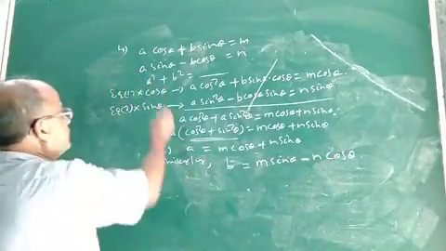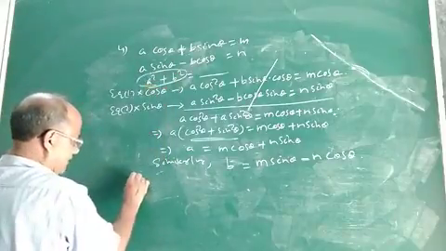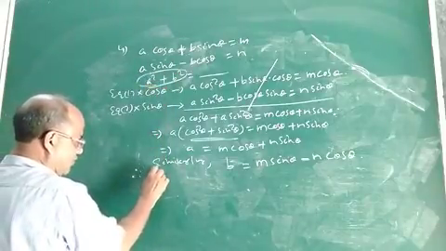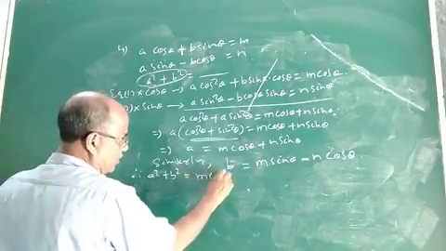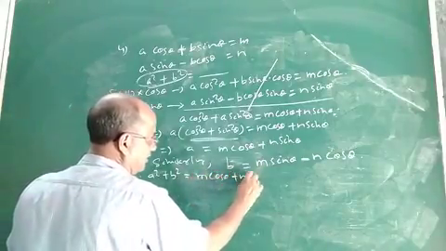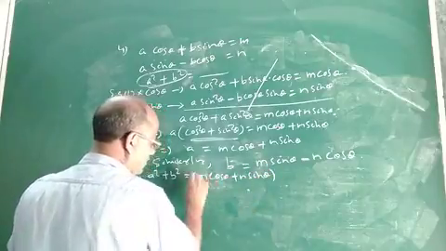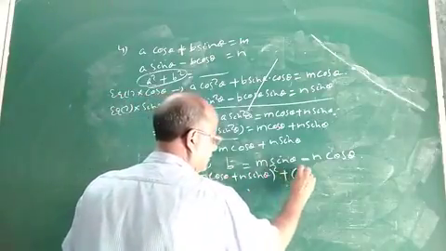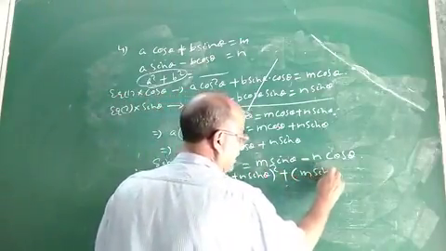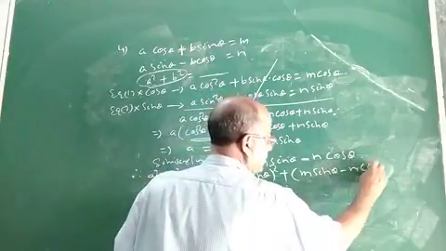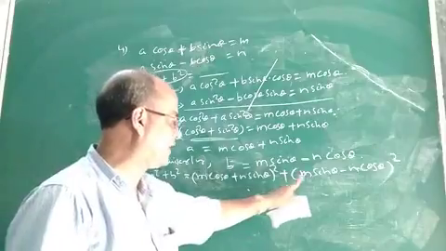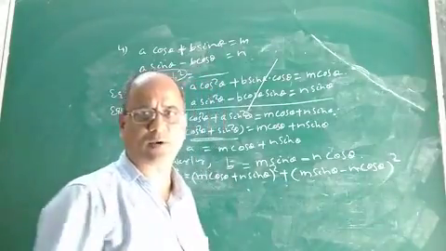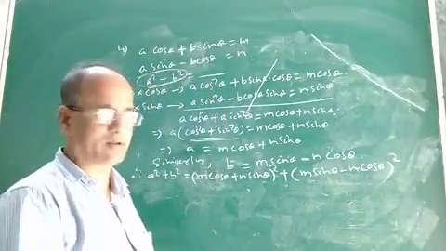Okay, now let us substitute in this expression. Therefore, a square plus b square equal to m cos theta plus n sin theta whole square plus m sin theta minus n cos theta whole square. Now it is of the form a plus b whole square and a minus b whole square, and you know the formula for a plus b whole square and a minus b whole square.